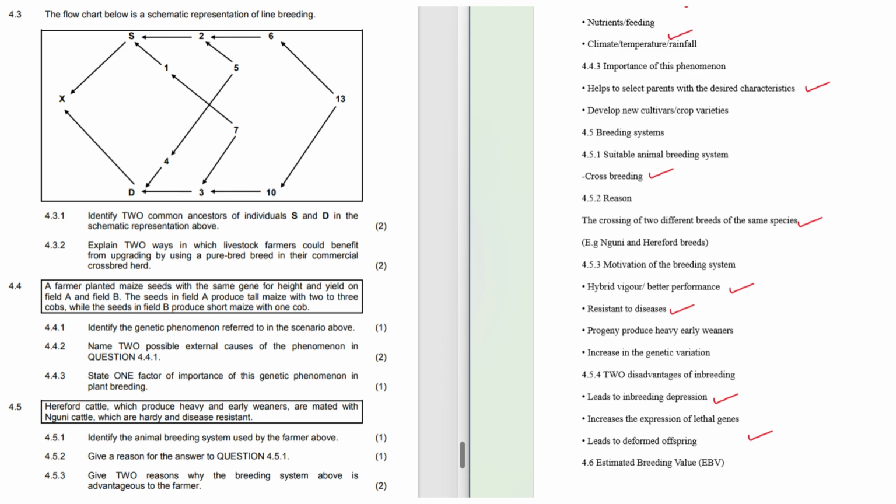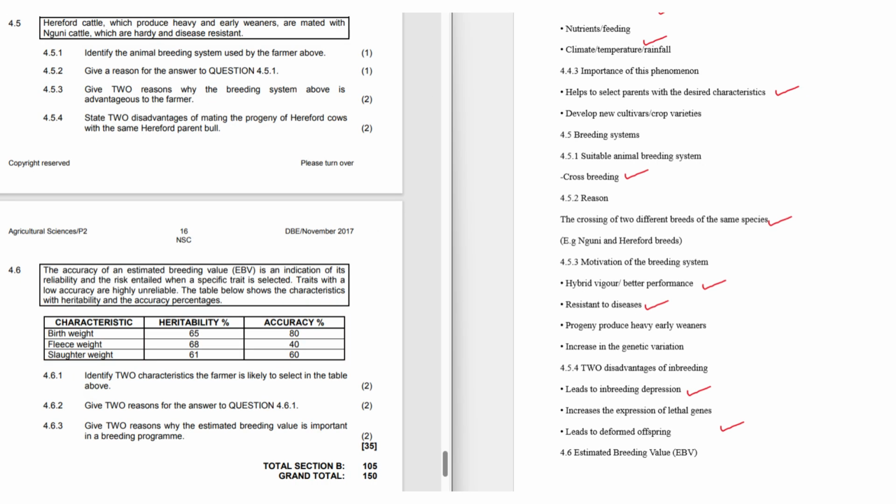Then we go to 4.5.3. Give two reasons why the breeding system above is advantageous to the farmer. It is advantageous because it produces hybrid vigor.